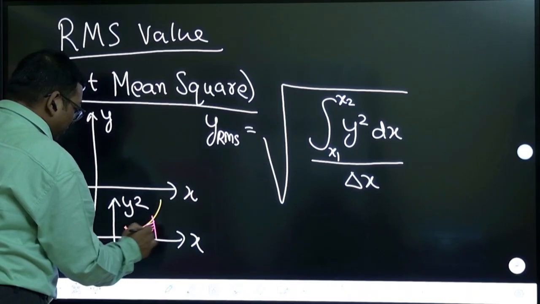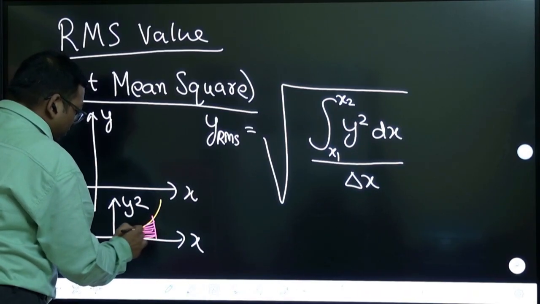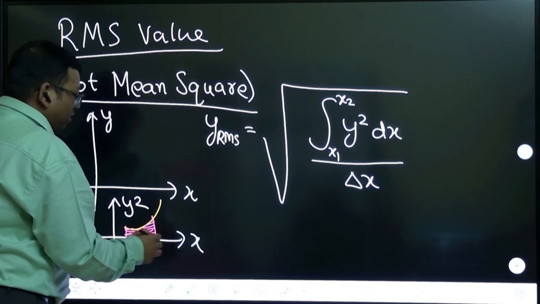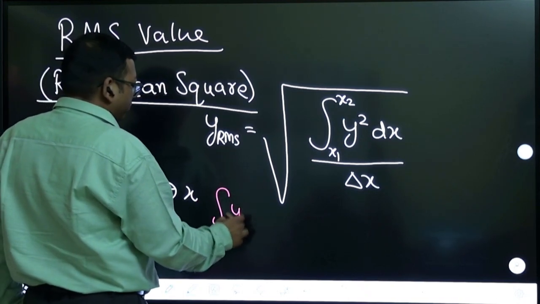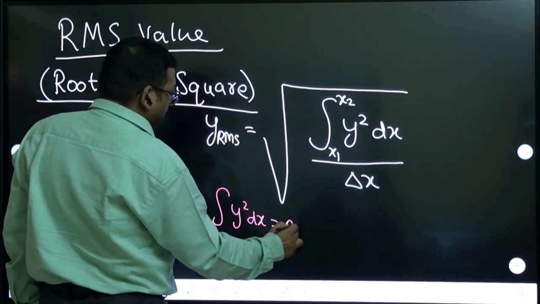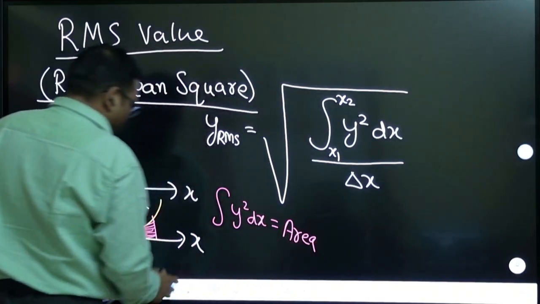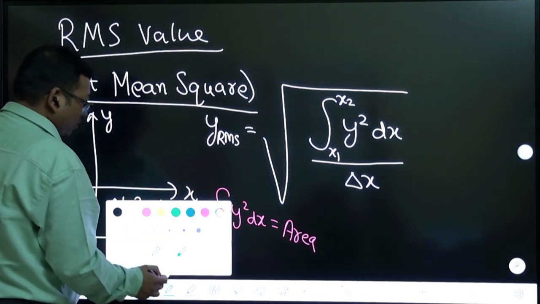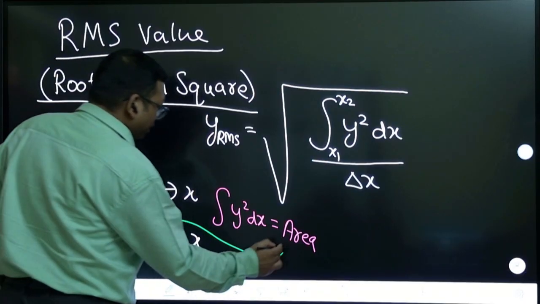If I can calculate the area under the y square x graph, then this integration of y square dx is nothing but this area, which we want from here. This area we can calculate.